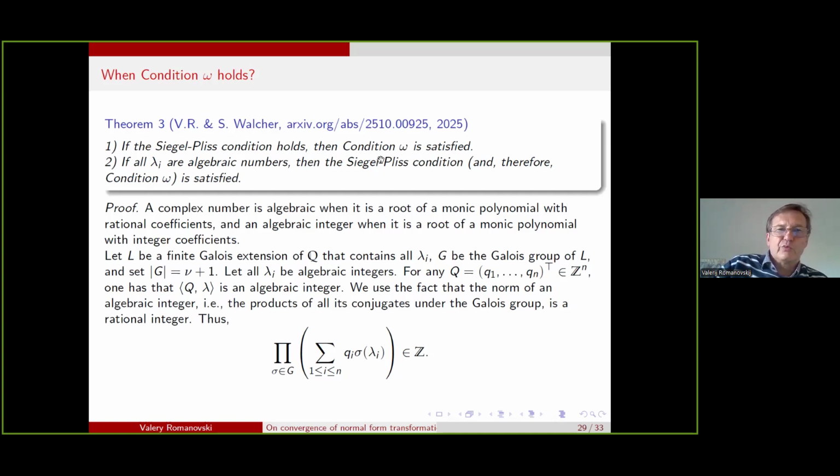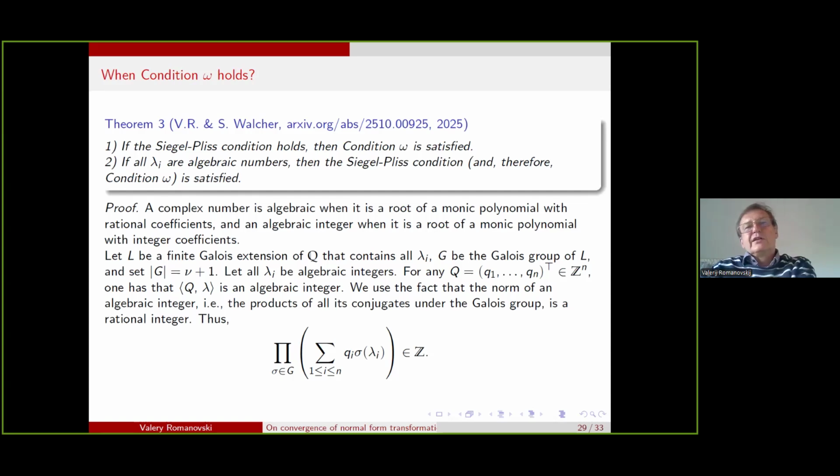It's easy to prove. But if all lambda_i are algebraic numbers, then the Ziegler-Bliss condition holds, and therefore we have condition omega. This is quite an important theorem, and I think it's quite a trivial theorem for people who work in number theory, but maybe they know something like this statement.